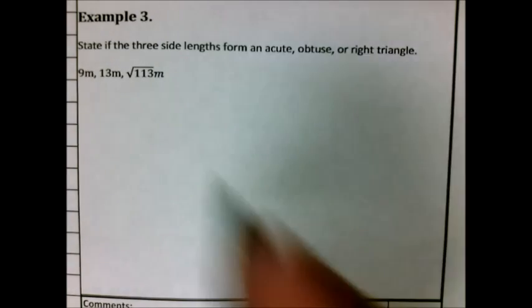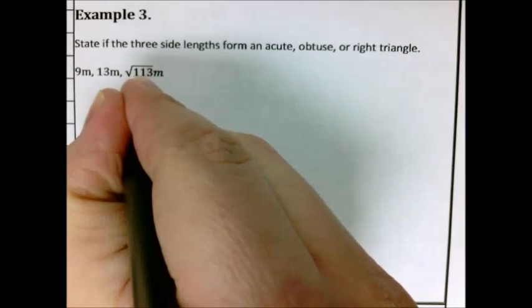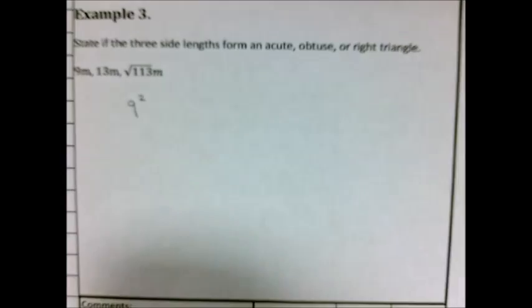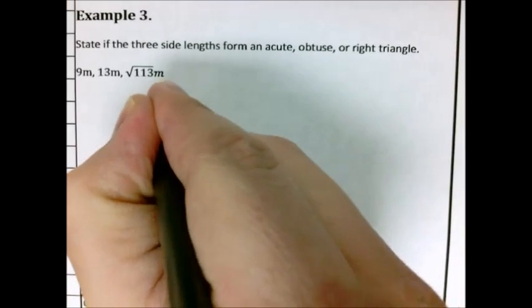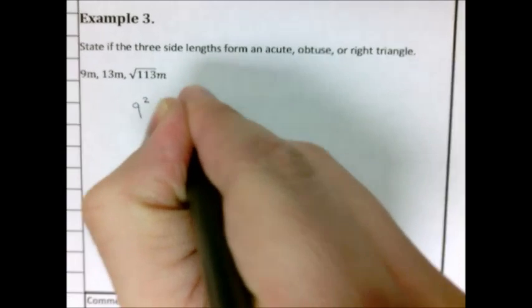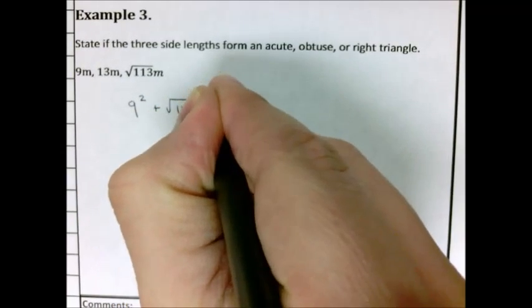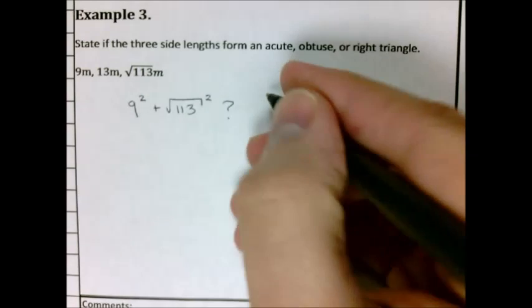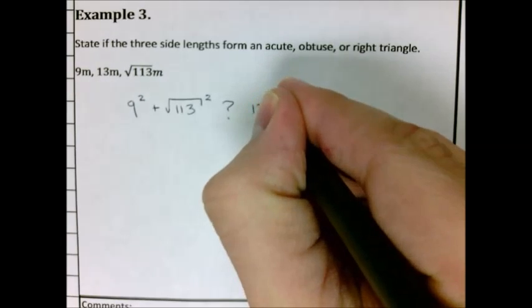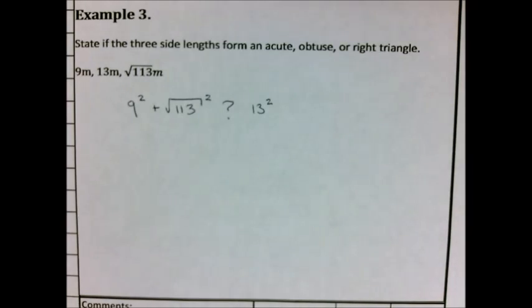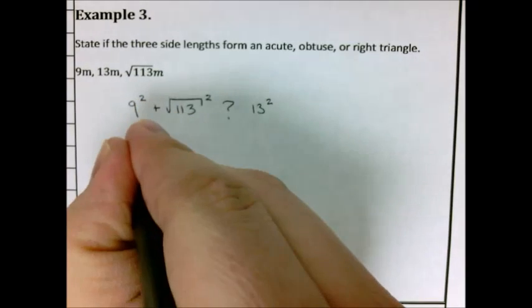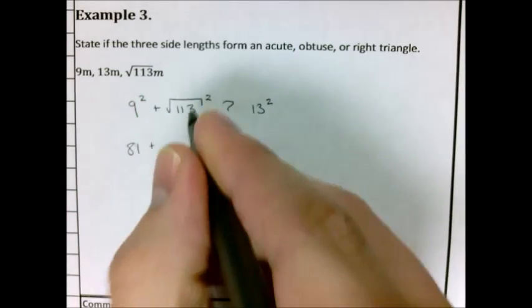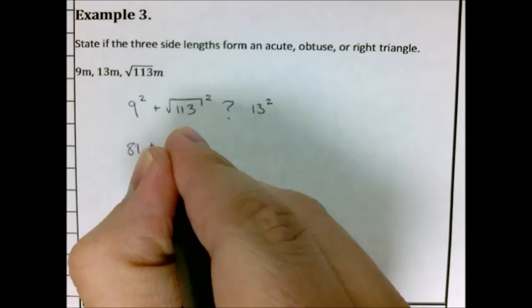So if we plug this in, a squared, a would be 9 squared, plus the square root of 113 squared. We want to know, is that less than, greater than, or equal to 13 squared? Okay, now it's just solving. 9 squared is 81, plus the square root of 113 squared is just 113.